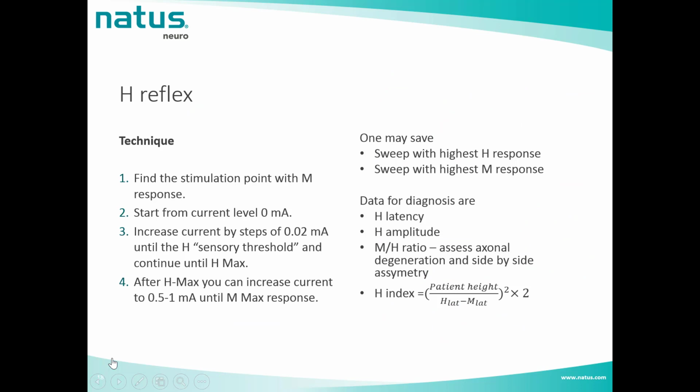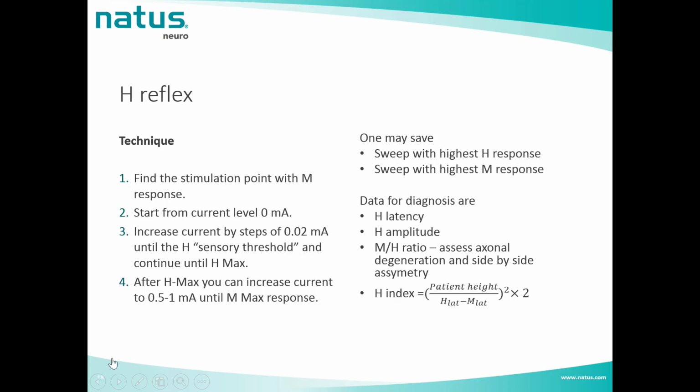In daily praxis, first of all, we need to find the perfect stimulation point by recording a motor response. Then we set our stimulator to 0 mA and increase the current by very low steps, roughly 0.02 mA, until we reach the H sensory threshold, and then we continue until we can record the maximal amplitude for our H response.